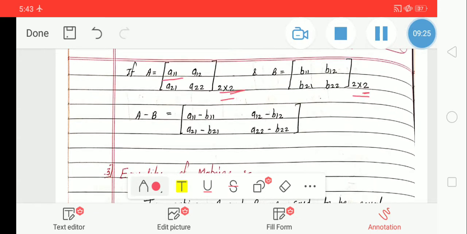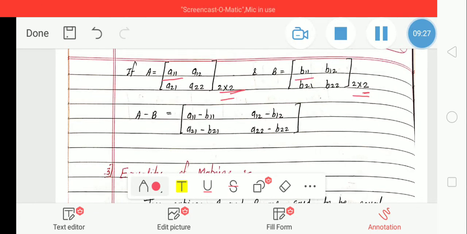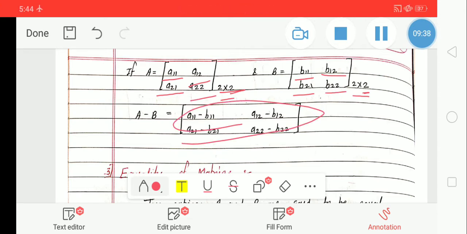Just like A11 minus B11, A12 minus B12, A21 minus B21, A22 minus B22. So same as addition.